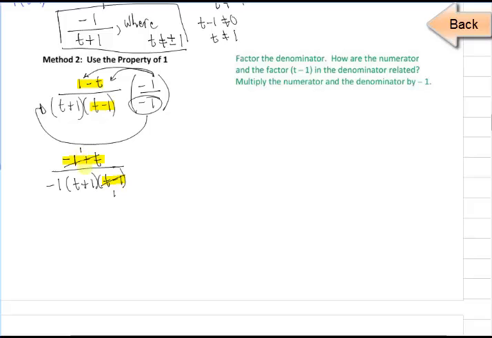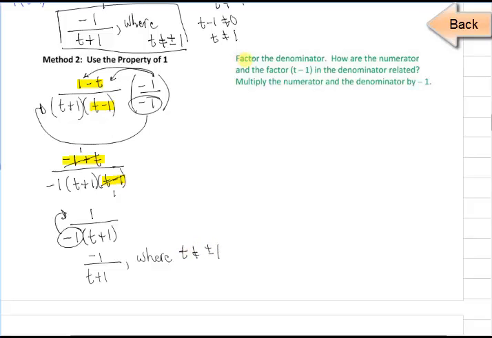And so I'm left with 1 over negative 1 times t plus 1. Now generally we don't leave the negative in the denominator, so I pop it into the numerator: negative 1 over t plus 1, and we already know that our non-permissible values are positive and negative 1.